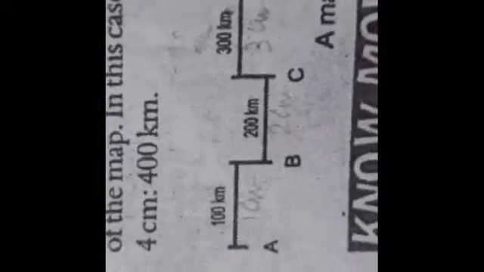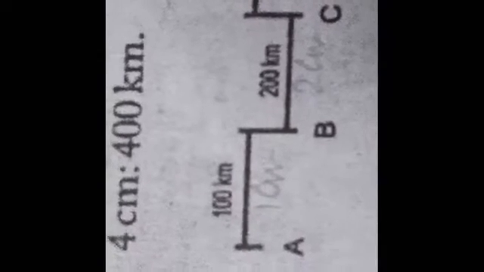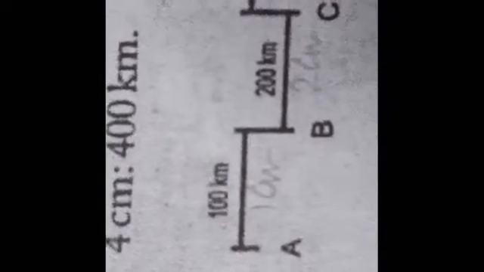Next one is scale. As we know, the earth is very big and it is not possible to show the actual size of the earth on a map. That is why scales are used in maps. For example, suppose the ground distance between two cities is 400 km. But it is not possible to draw 400 km on the map.